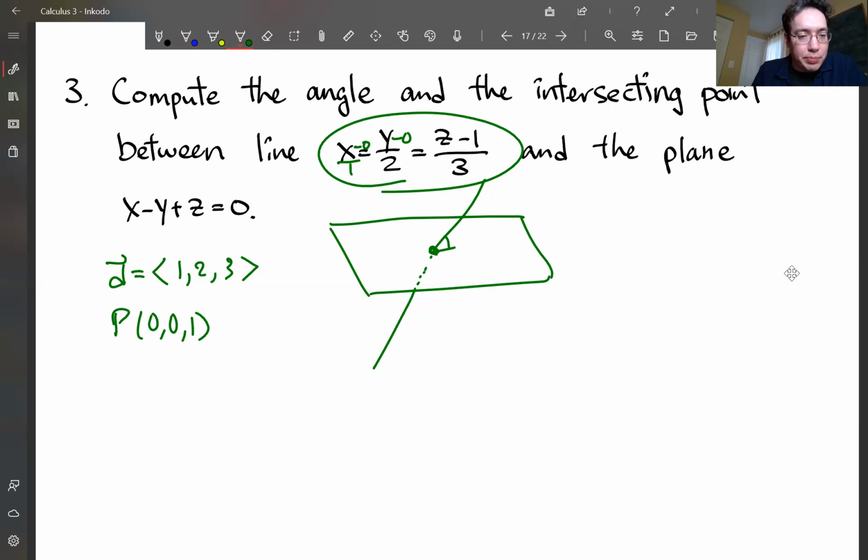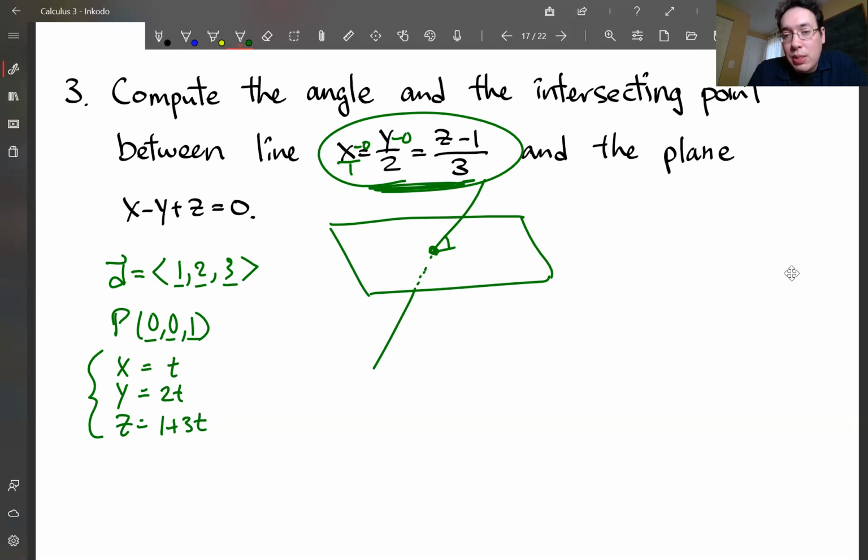Okay, so if I want to write the parametric form of the equation, I can take the point coordinates and add t times the directional vector. So t, 2t, and 1 plus 3t. Okay, so all I've done is to write the symmetric form into the parametric form.